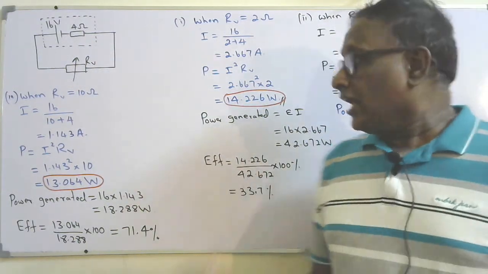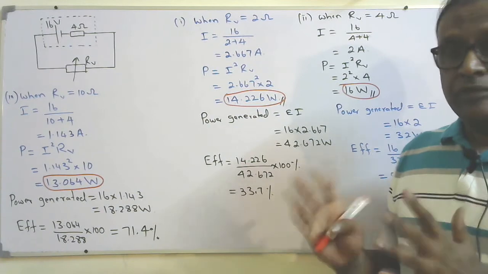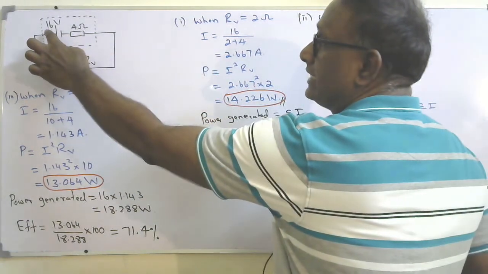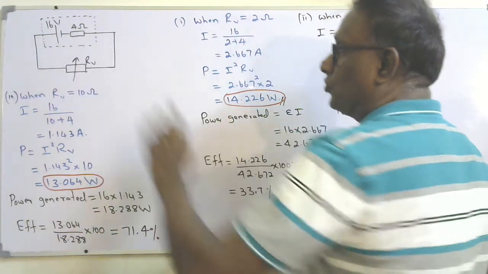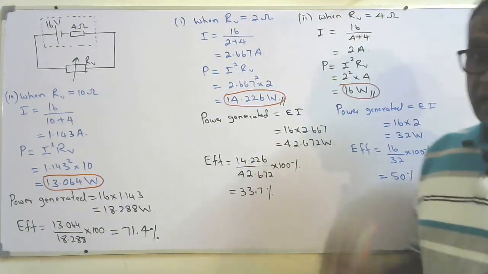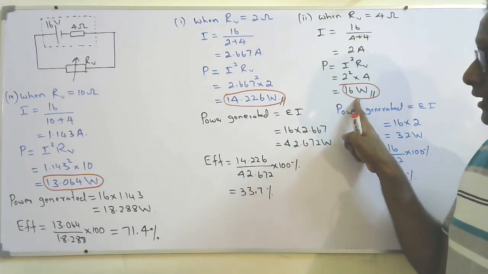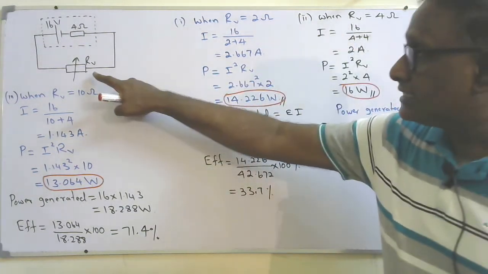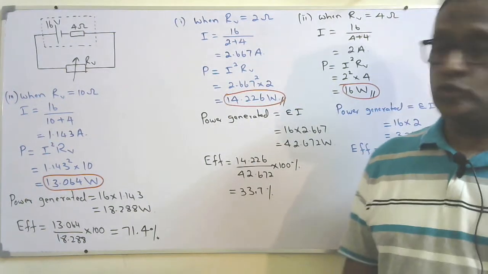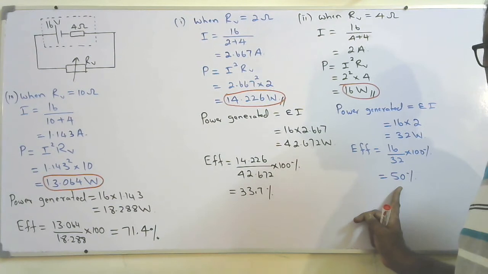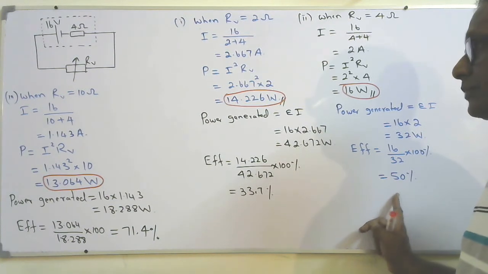You will see the maximum power transferred is 16 watts, when the EMF is 16 volt and the internal resistance is 4 ohms. There we get the optimum power output when RV is equal to the internal resistance of 4 ohms. But you can see the efficiency is only 50% at that time.